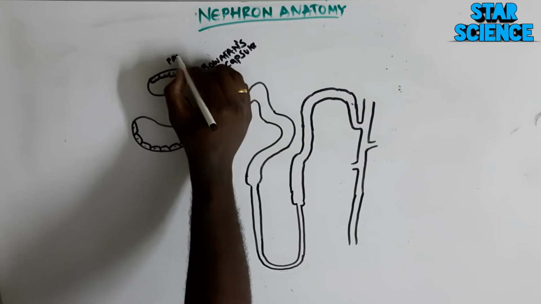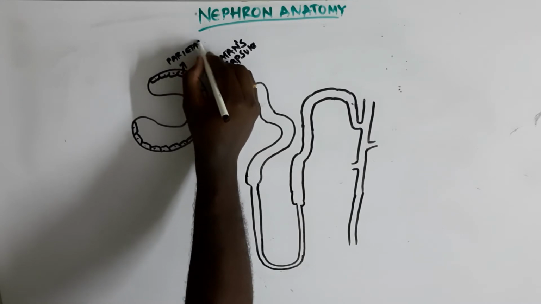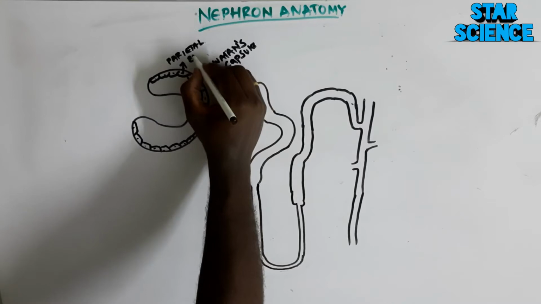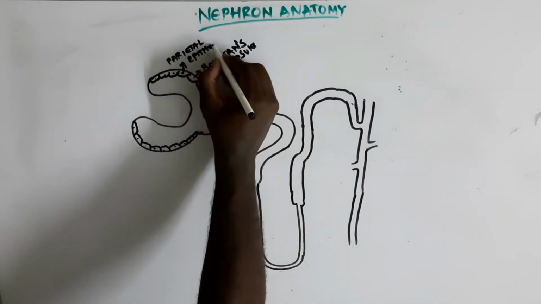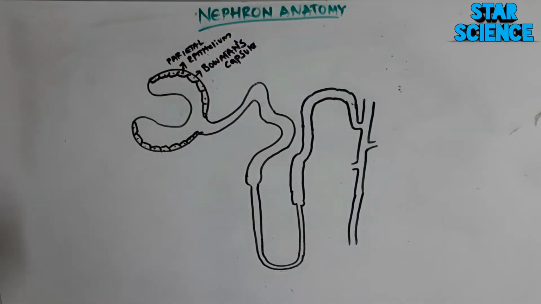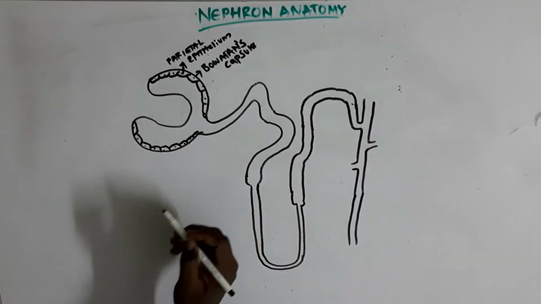Take note that it's very important, as some people get confused between parietal epithelial and visceral epithelial cells. The parietal epithelial cells, which I have drawn here, you can identify clearly without any confusion.